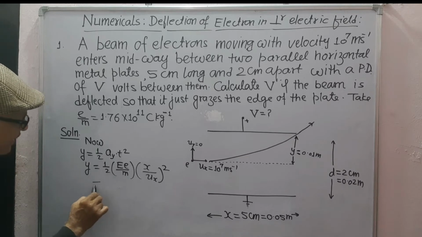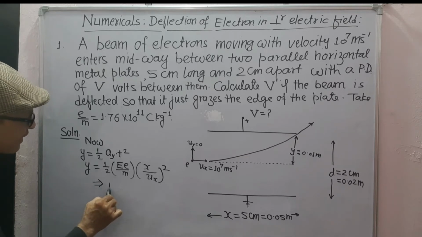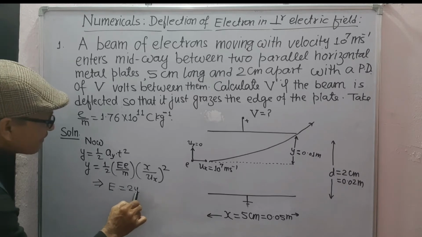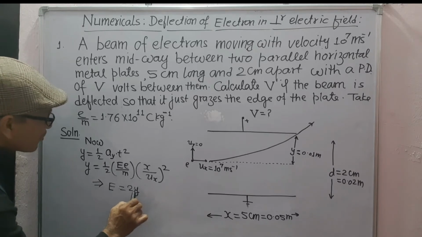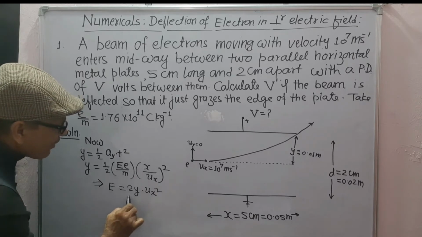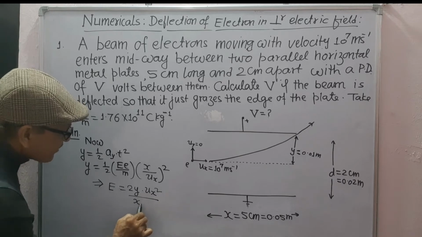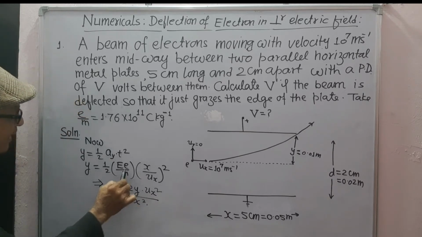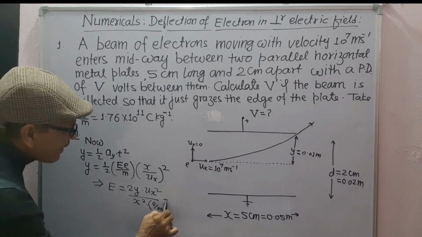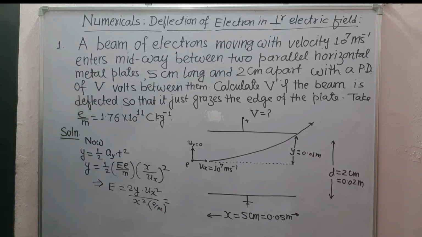This gives the value of E as 2y u_x square upon x square into e by m. And putting the values, we can find the value of E.